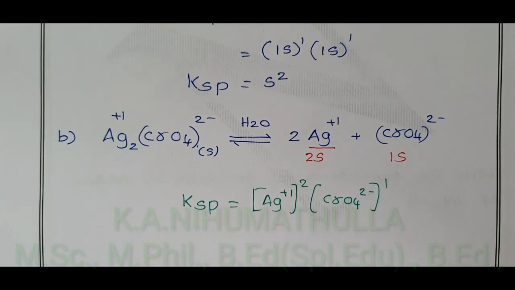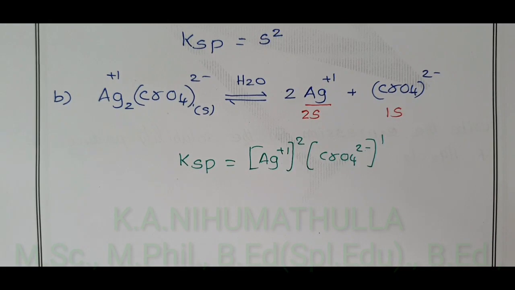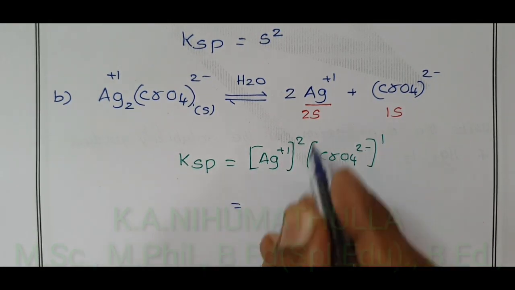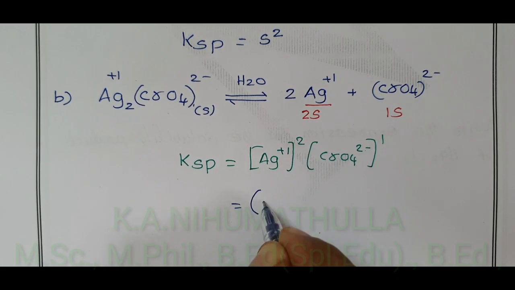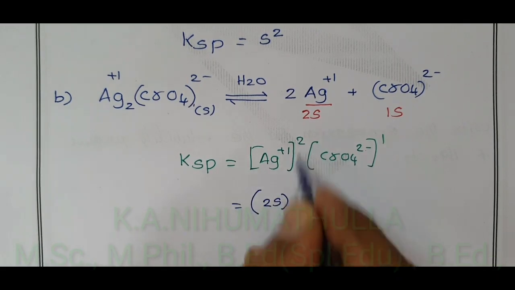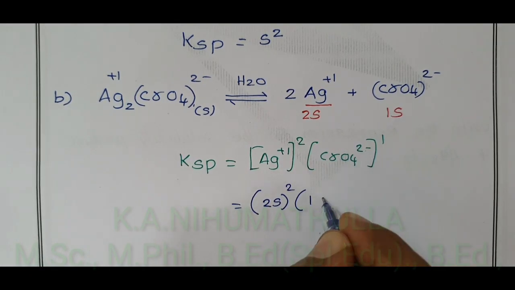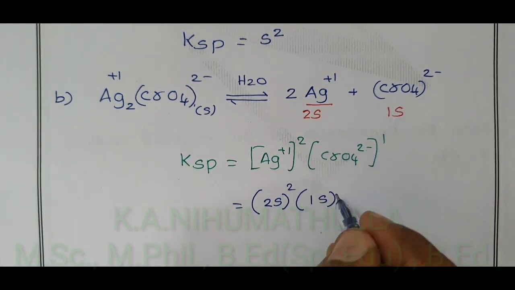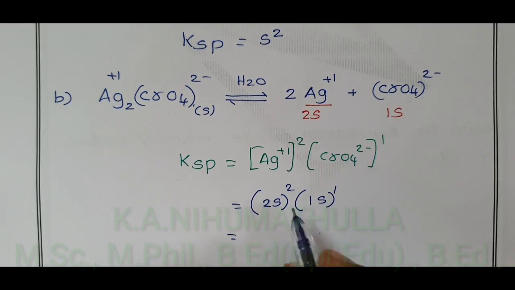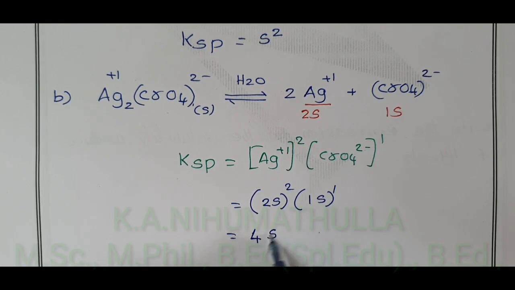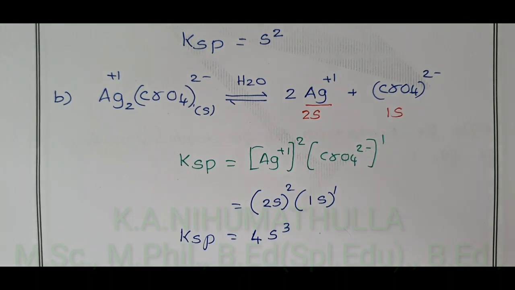Substitute the values of Ag plus ion and chromate ion in this equation: that is equal to Ag plus 2S squared and chromate ion 1S power 1. 2 squared is 4. Here S squared, there S, therefore 4S cube. K solubility product equals 4S cube.